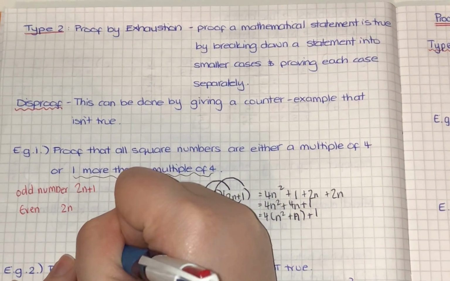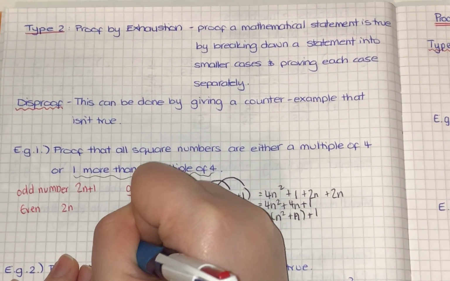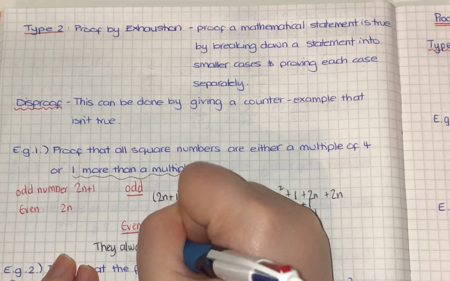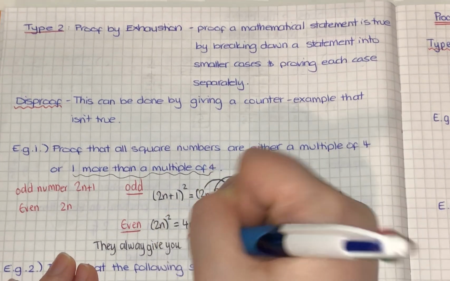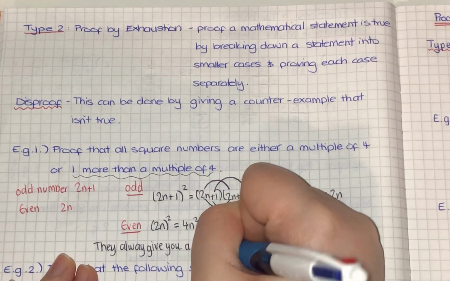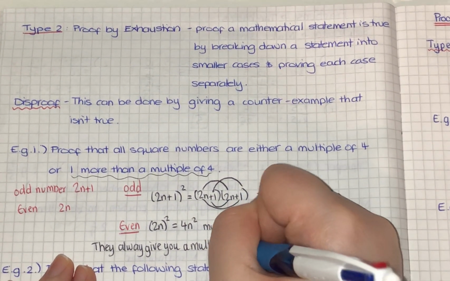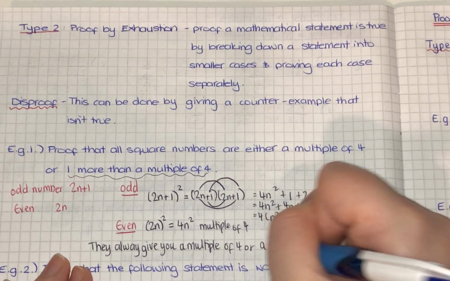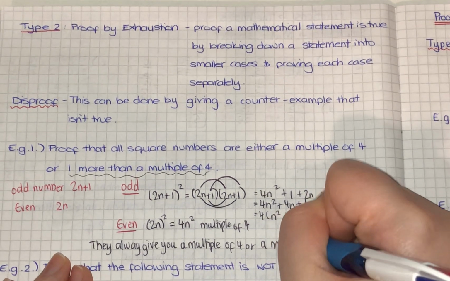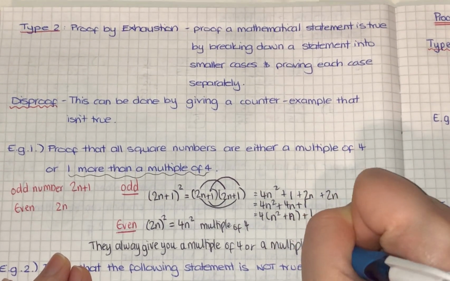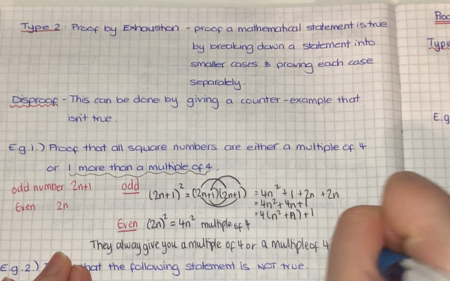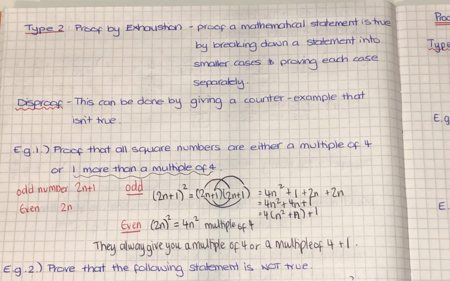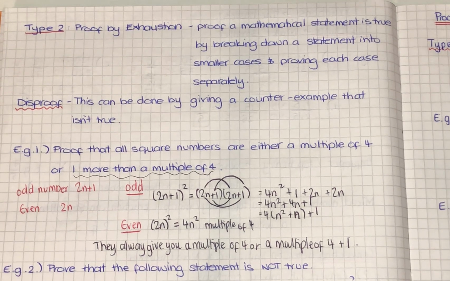So they always give you a multiple of 4 or a multiple of 4 plus 1. Obviously if you're very good at English you can write a bit better than me, but that's what you need to write.